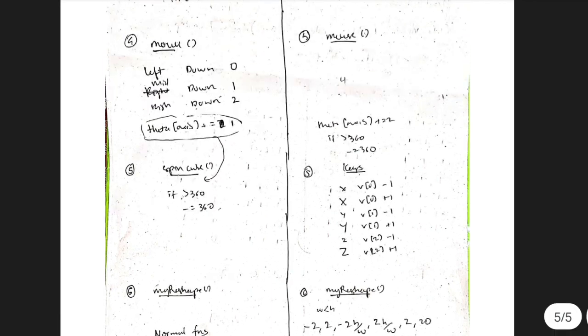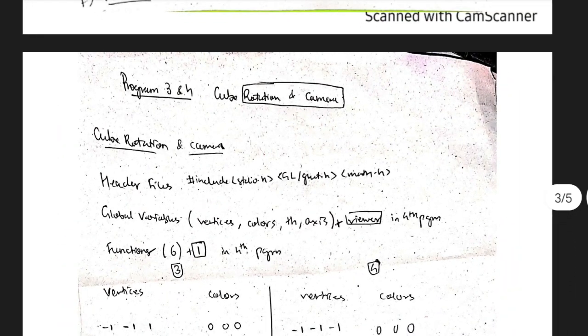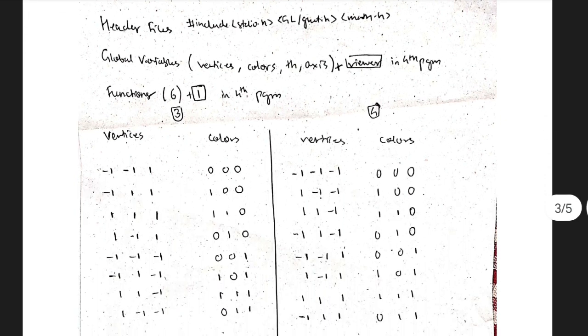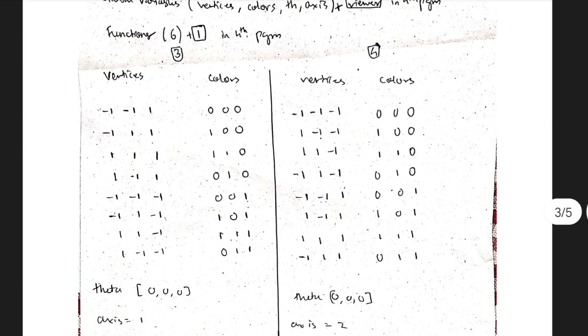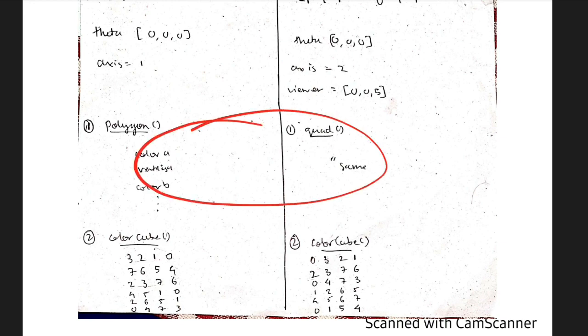Okay, so that's all what was there in the trick part and the whole program. Let's quickly wrap up what is in the whole program. Write the header files. After that, global variables, vertices, color, theta, axis, and plus viewer in the fourth program. And we have the 6 programs. So vertices and colors you know how to write, and the theta value and the axis and the viewer value, and the polygon and the quad function are same.